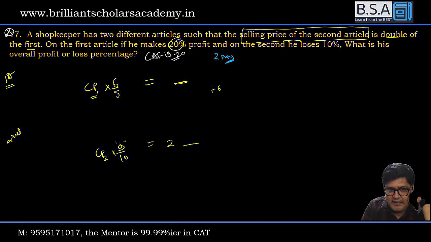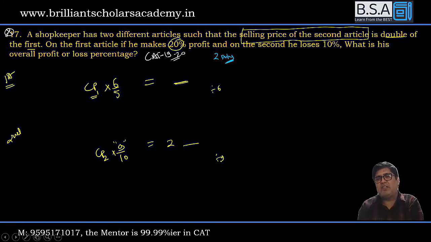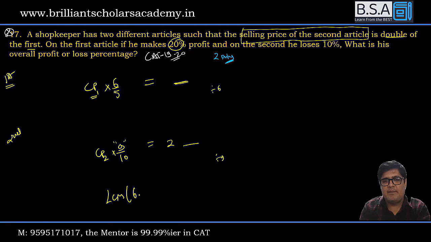This 9 will come in the denominator. It will reverse on the opposite side while calculating cost price. So what is the smallest multiple of 6 and 9 that comes to your mind? Smallest multiple is the LCM. What is the LCM of both?